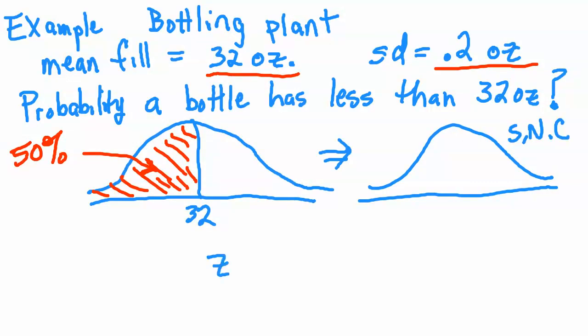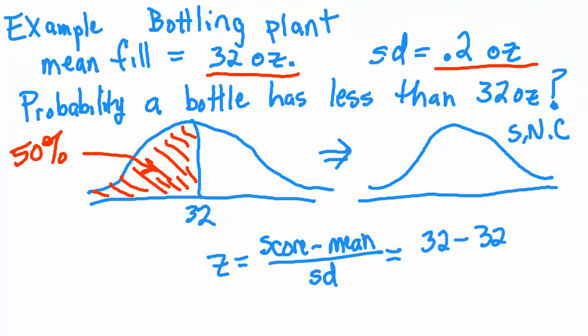Using the z-score formula, remember we take our score minus the mean divided by the standard deviation. So our fill was 32, the mean was 32, standard deviation was 0.2, so that's 0. So on the standard normal curve, the mean was 0, and we want it left of 0.